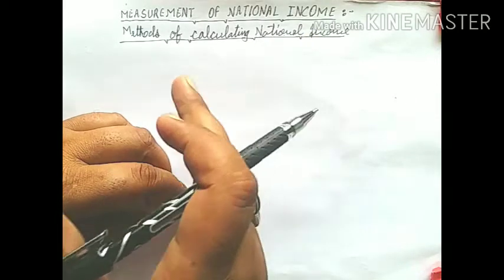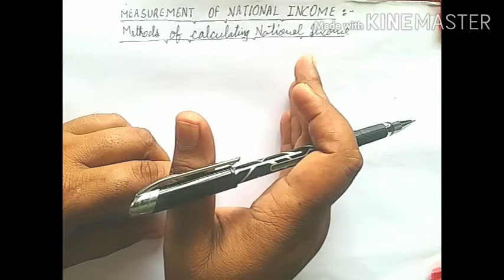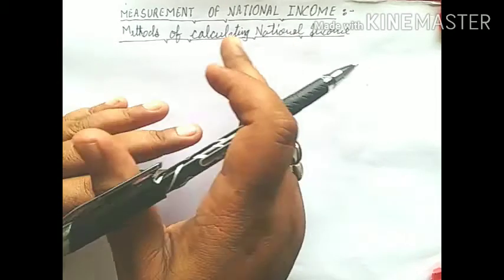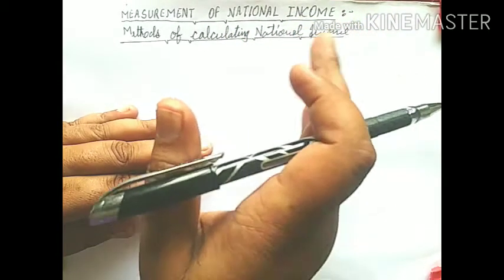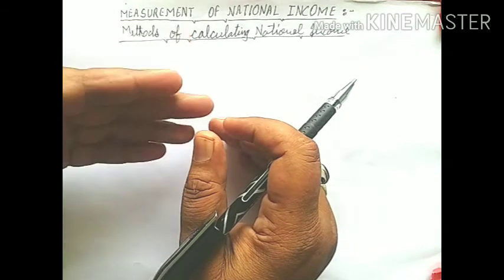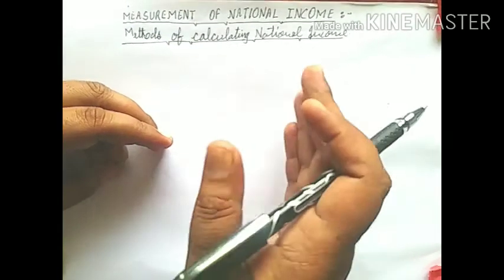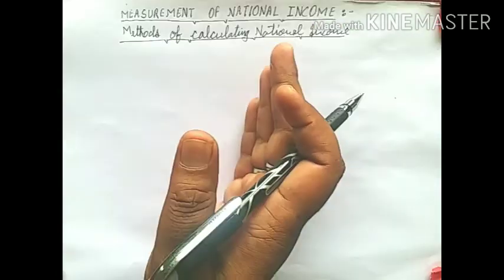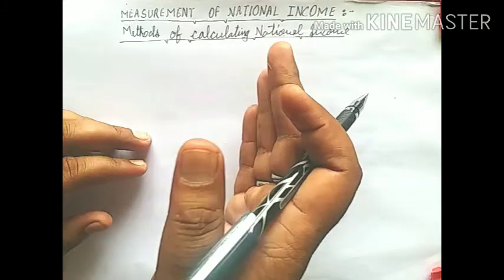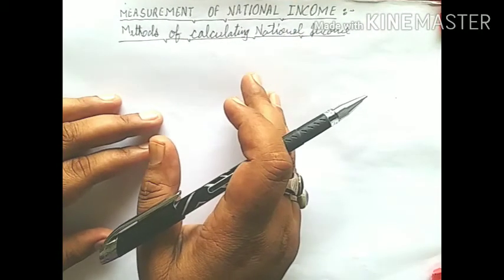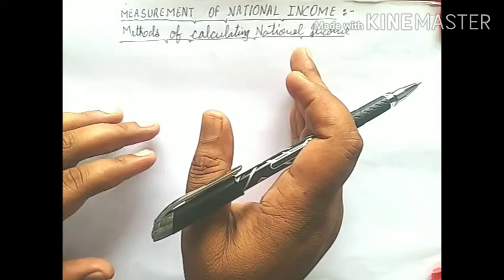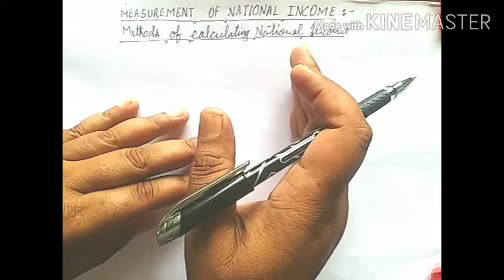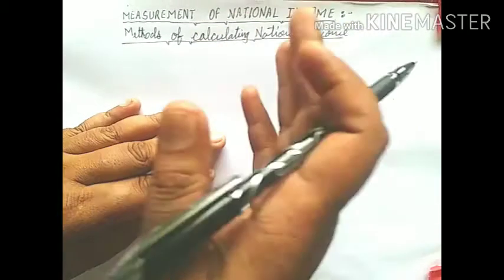And in our previous chapter, we found that production gives rise to income, and this income gives rise to expenditure, and expenditure causes production of goods and services. So students, it is a circular flow which keeps repeating again and again.